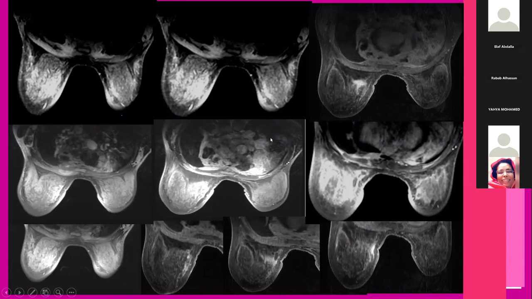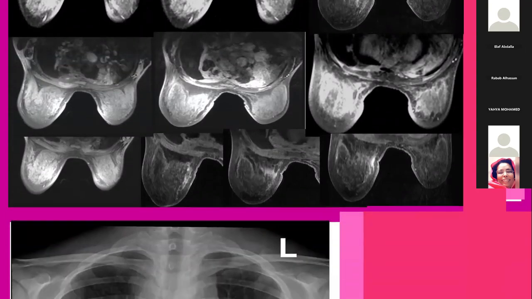And throughout, we can see that there is pericardial thickening and enhancement and mediastinal and pericardial lymph nodes in the MRI. So that raises suspicion of lymphoma versus extensive metastatic disease, and also the lymph node.